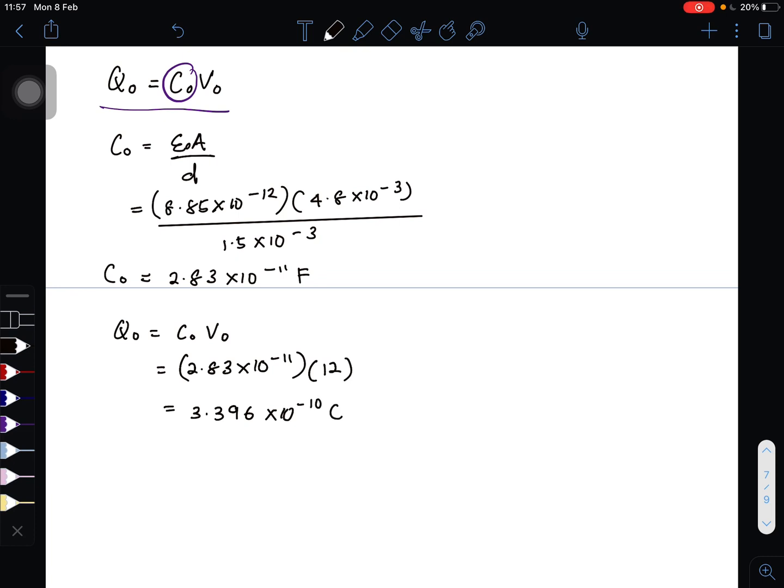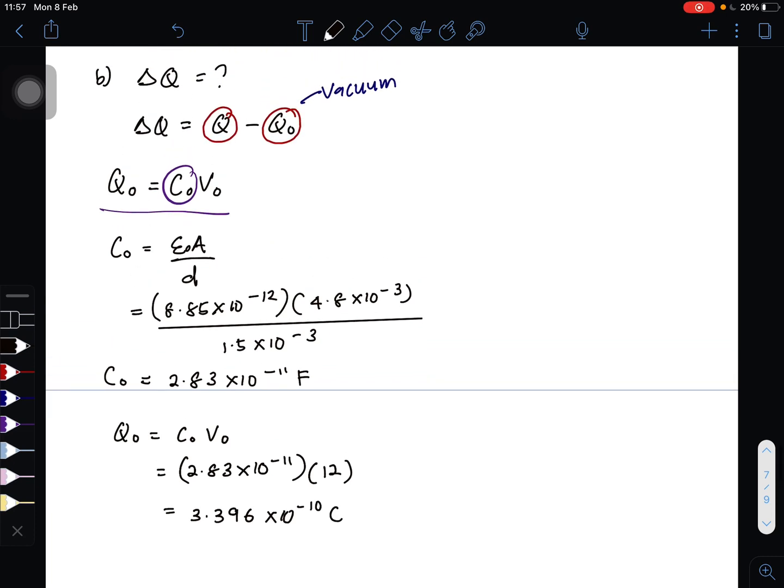Okay, now we have Q0. Now we want to find the value of Q, which is the final charge. Still we cannot use Q equal to CV directly, so we find the value for C first.